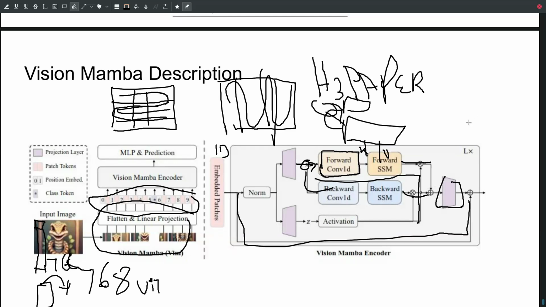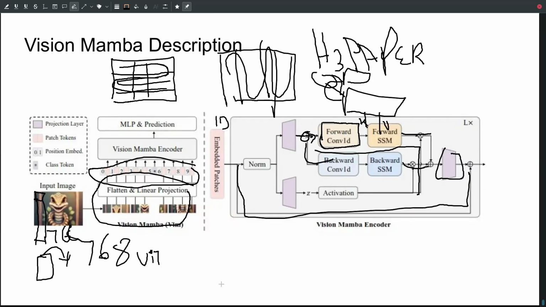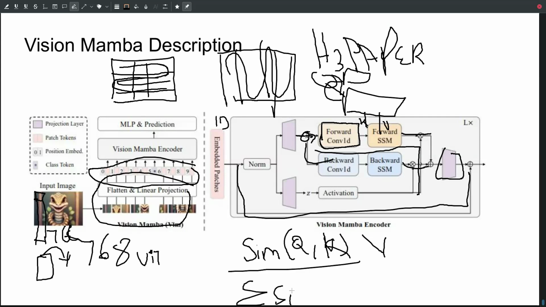But the most interesting thing they came up with is making attention linearly recurrent. Instead of using softmax, let us say we are using a similarity function: the similarity of QK times V, divided by the sum of all similarities from the previous.